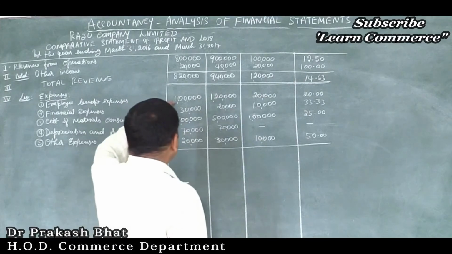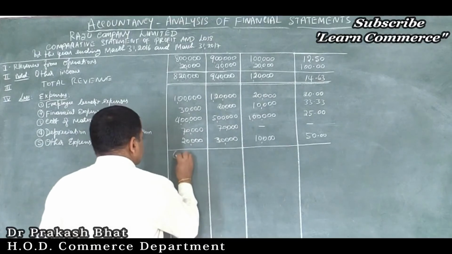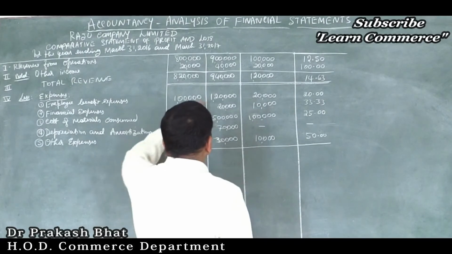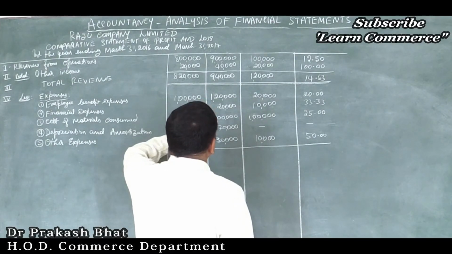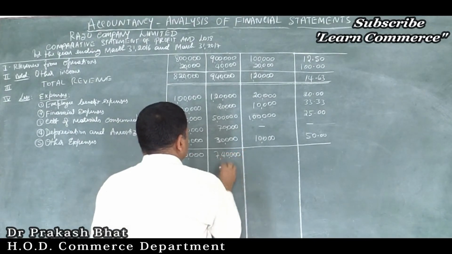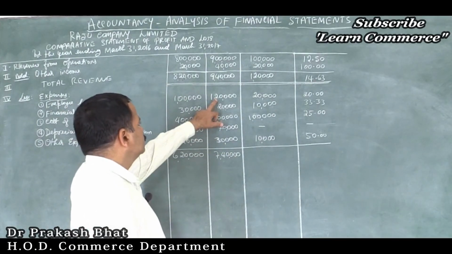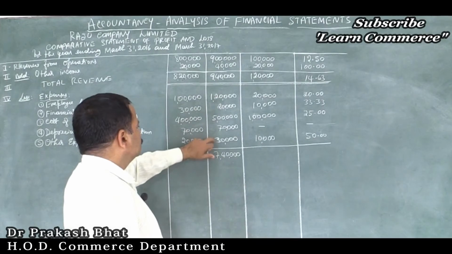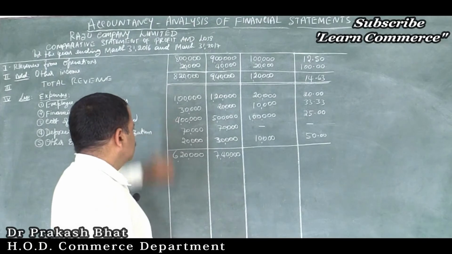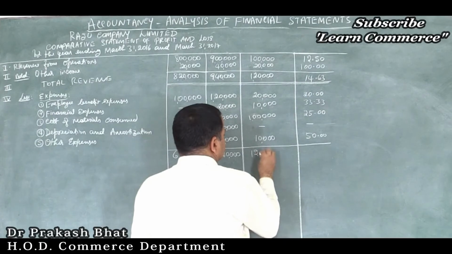Total expense. So 1 lakh, 5 lakh 30, 6 lakh 20,000. 620, here 640, 710, 740. Is that correct? Yes, it is. So there is an increase of rupees 1,20,000, correct?